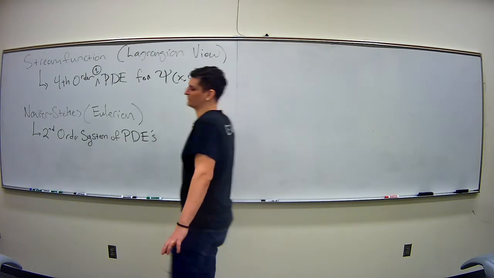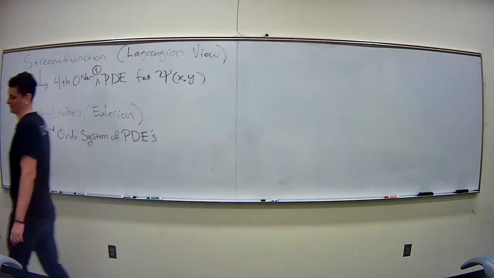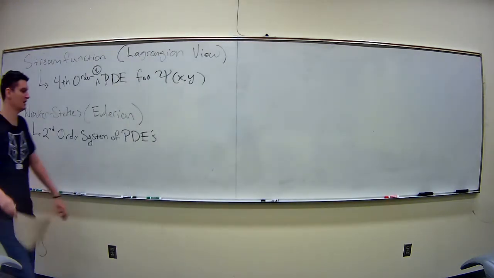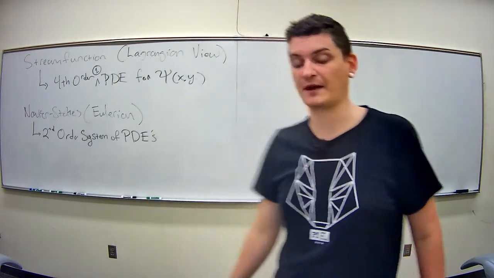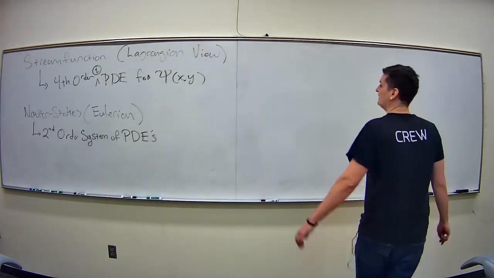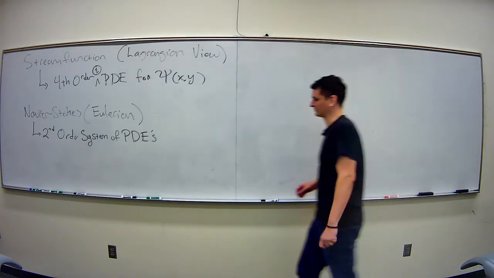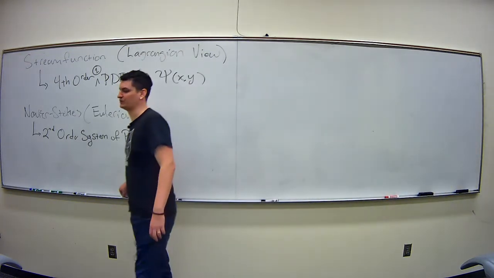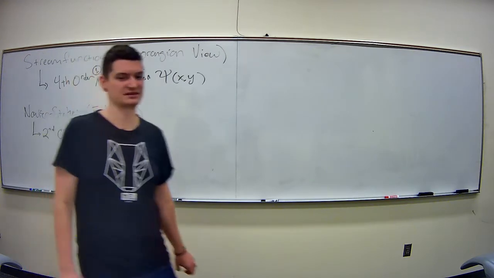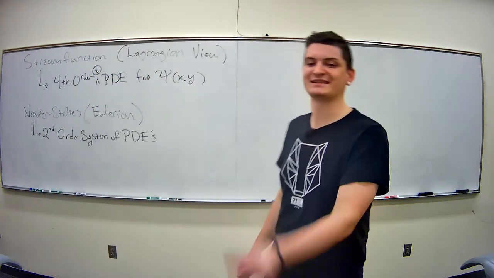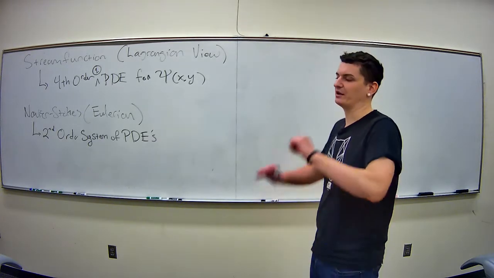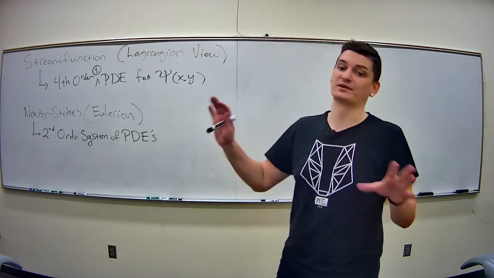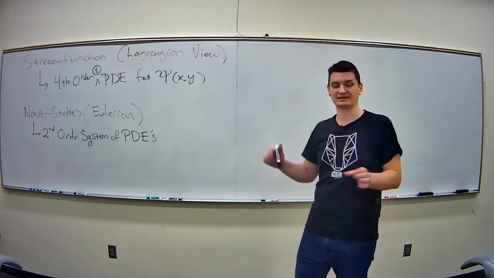The stream function and potential flows are different from this, and we're going to talk more about potential flows because they have more beautiful methods to solve things with them. That's a really big thing I would like to get across in this lecture: if you do get this irrotational assumption pinned down, and you can say, yes, my flow is irrotational, you have a fantastically gorgeous method to calculate stuff.